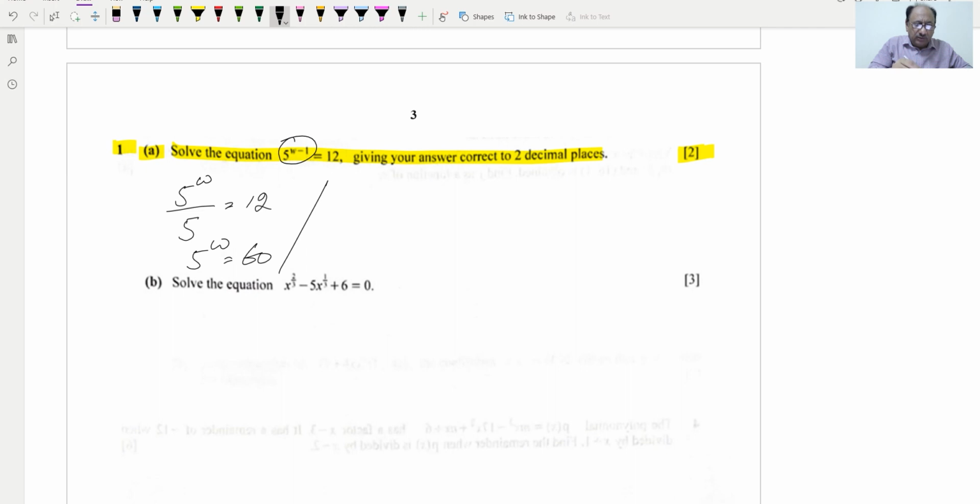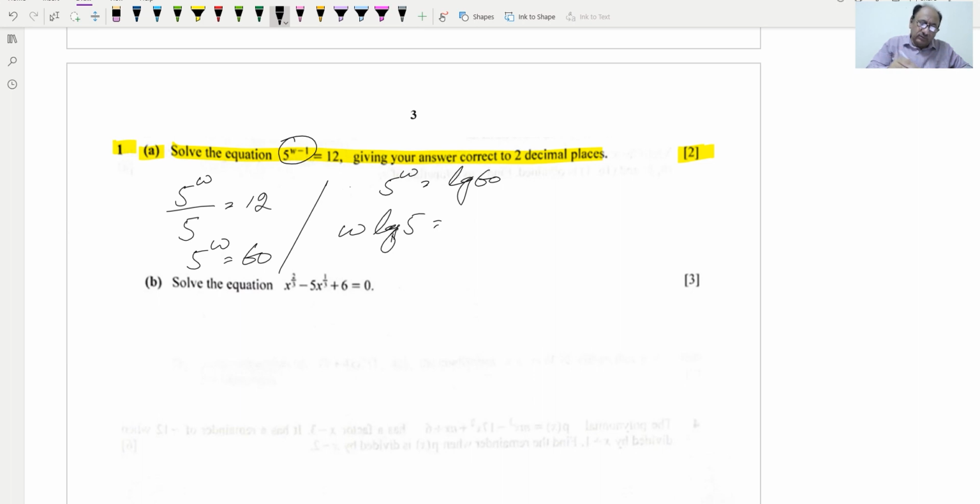Now we can take log on both sides, so log of 5^W is equal to log of 60, and this will be W log of 5 equal to log of 60.